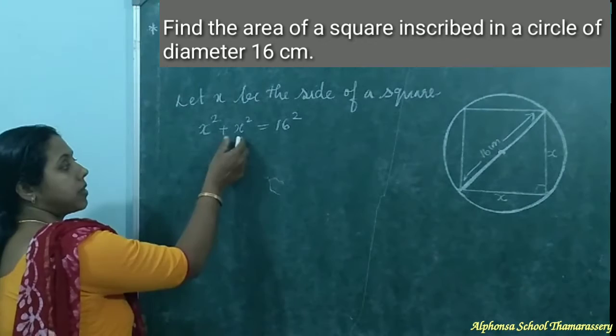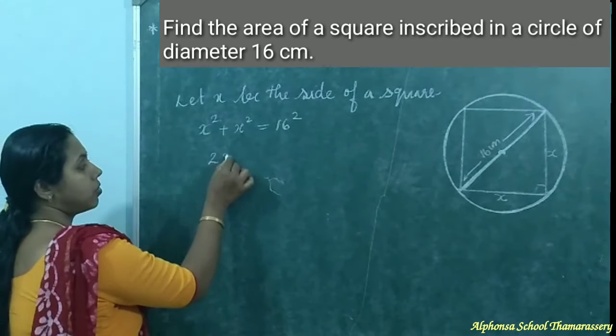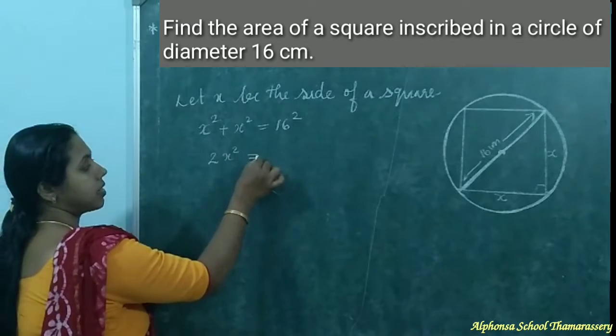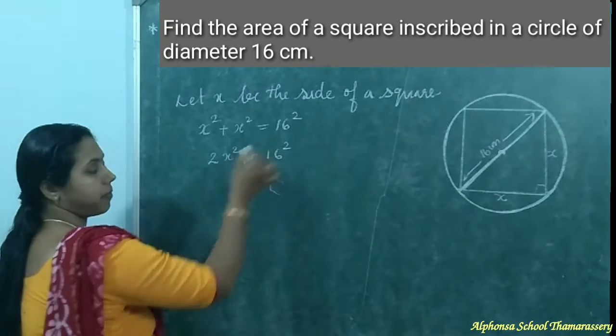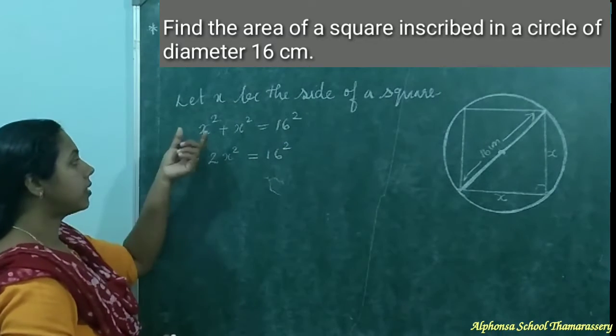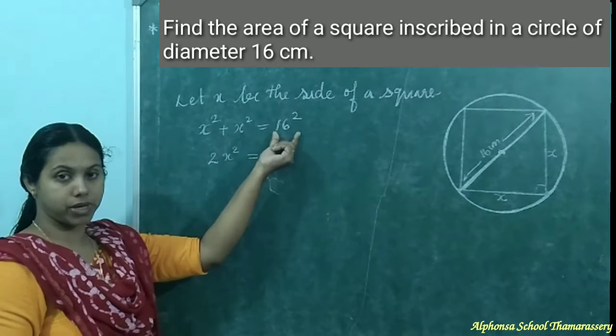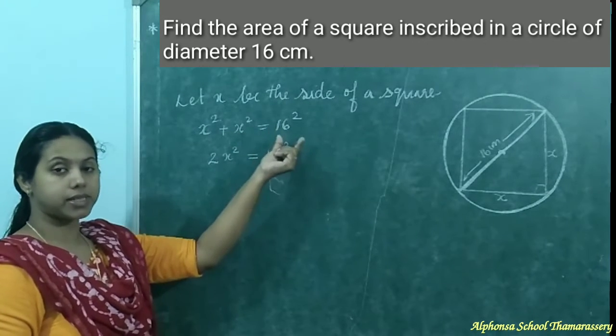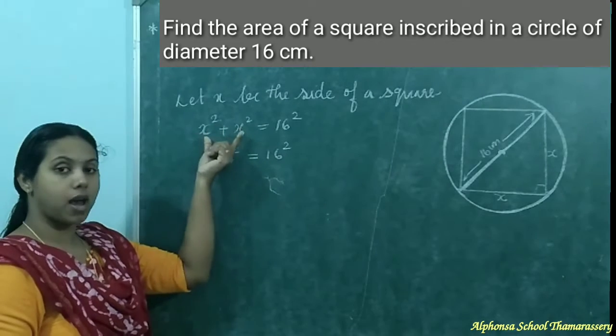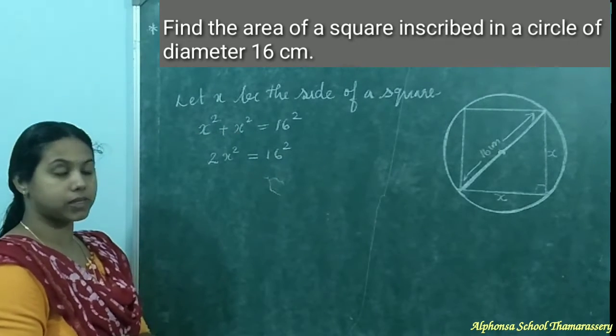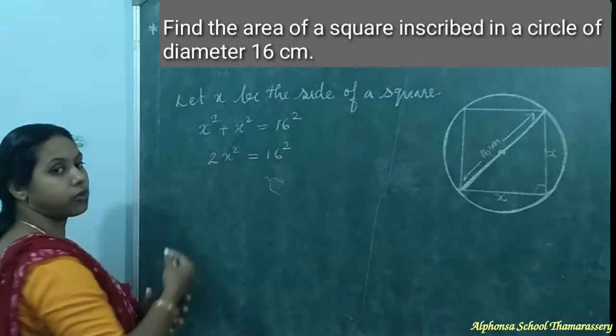So x square plus x square is equal to 2x square, that is equal to 16 square. Here we know that base square plus altitude square is equal to hypotenuse square. So hypotenuse is equal to square root of altitude square plus base square. So we can find the square root on both sides.